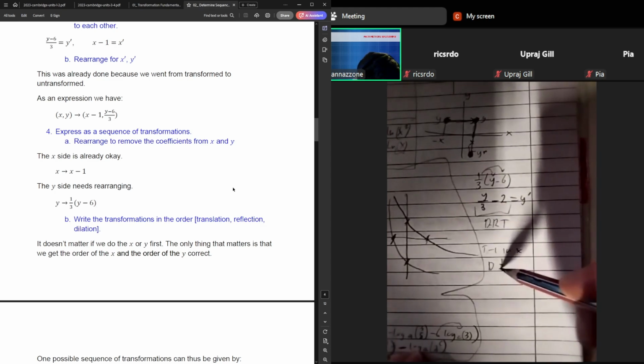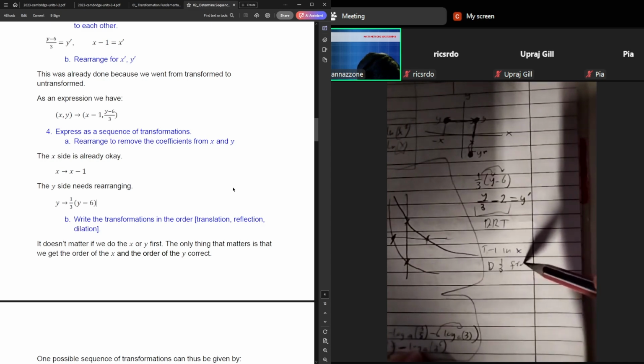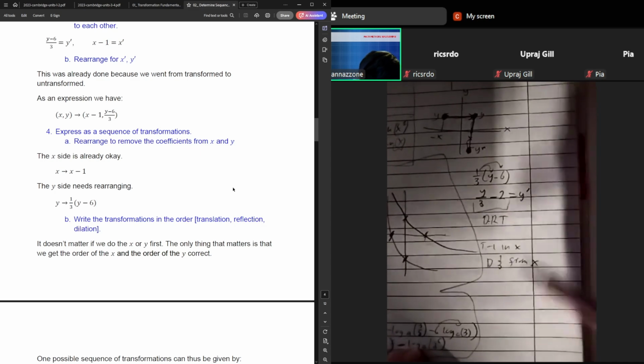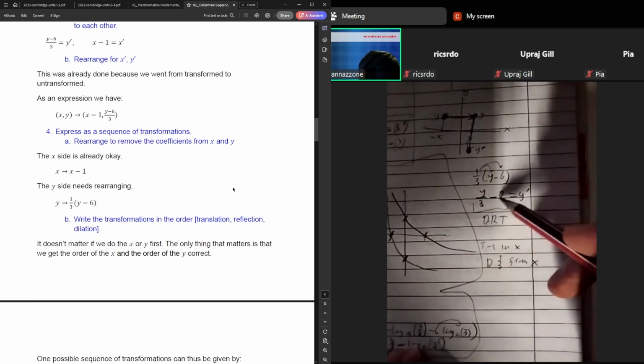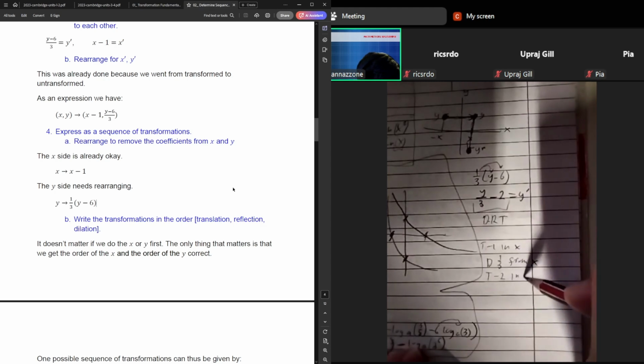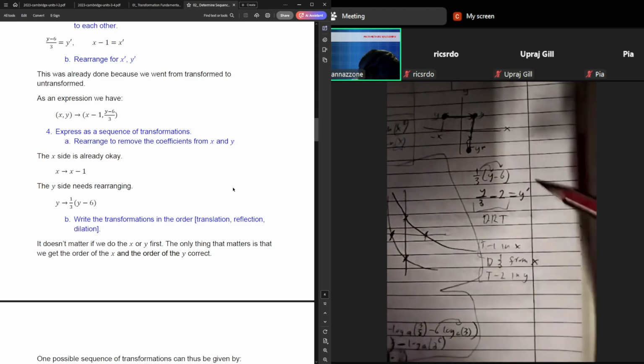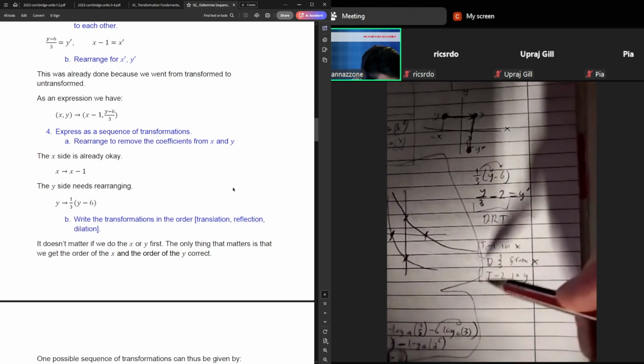Dilate a third. You can say, yeah, sure, use from notation. From X. There's no reflections. And then finally, translation, -2 in the Y direction. DRT, DRT. Oh, sorry, TRD, TRD. My bad. DRT, DRT.